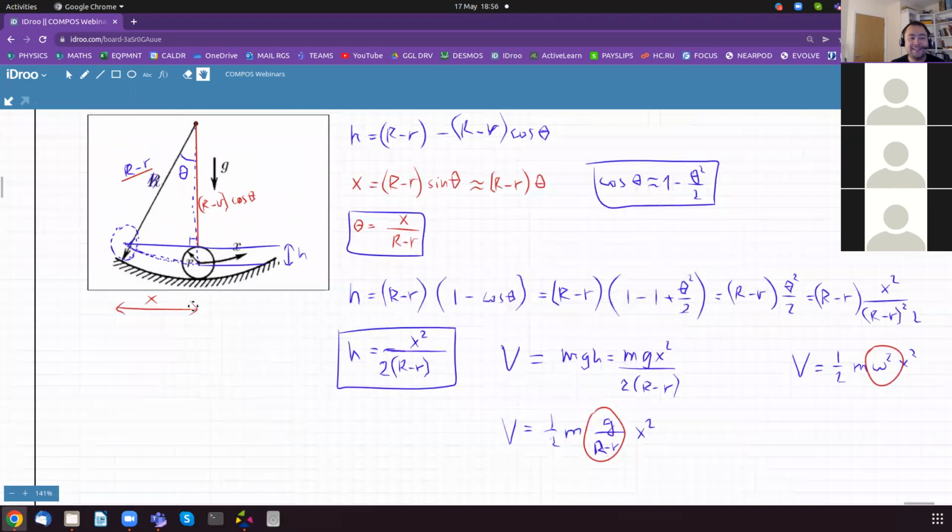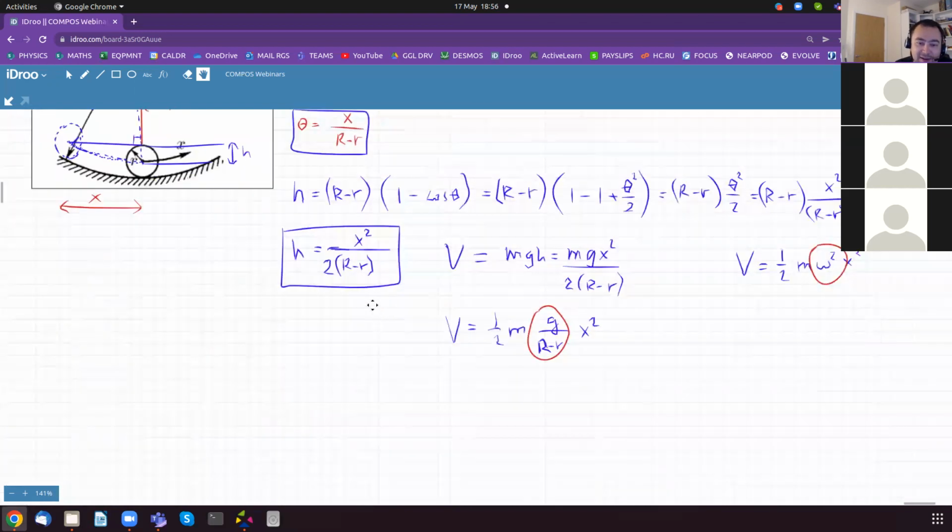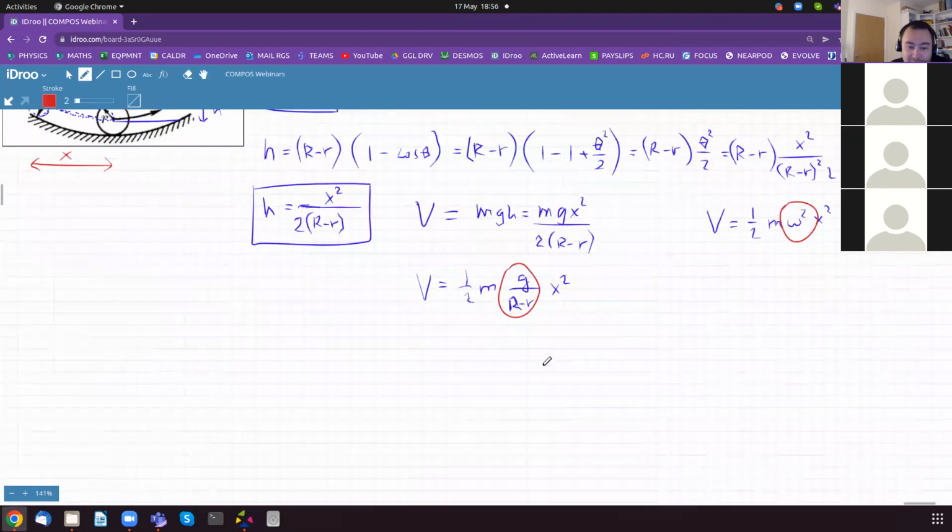And what we're doing here is we are looking at the energy, and we are seeing that omega can be established from here.